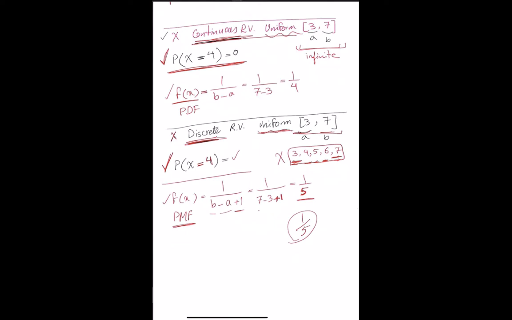And then, given that, can you tell me what is this probability? Probability of x equals 4 if we know that x is a discrete uniform random variable. What is that? X equals 4. One of these is going to happen. What is that probability?